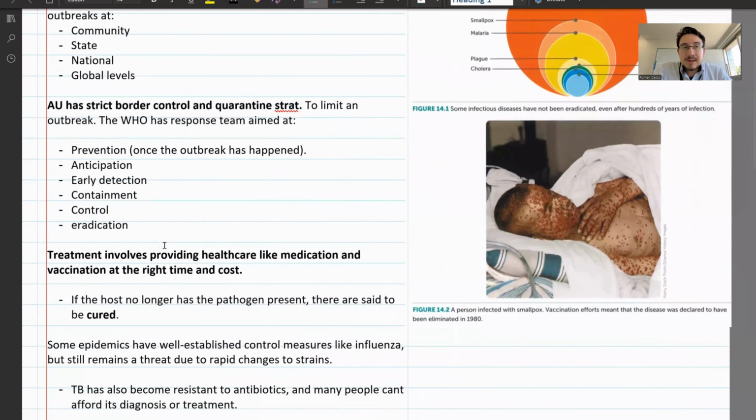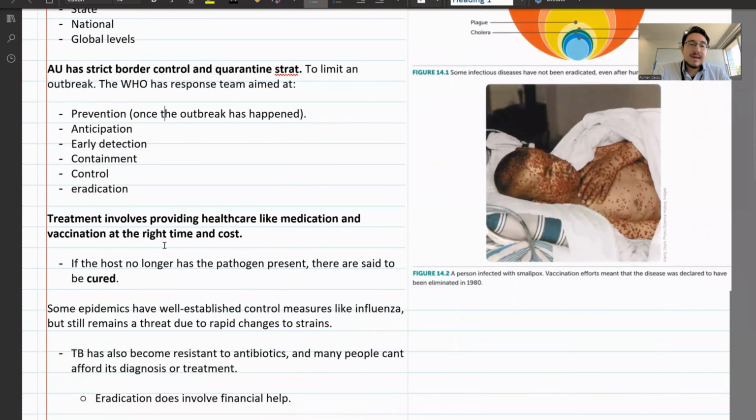So, when you have a certain disease that is spreading, you want to implement treatment strategies, right? And that could be a myriad of things, but it does involve healthcare, right? You want to have these healthcare provisions, providing medication to the population, vaccination as quickly as possible, right?